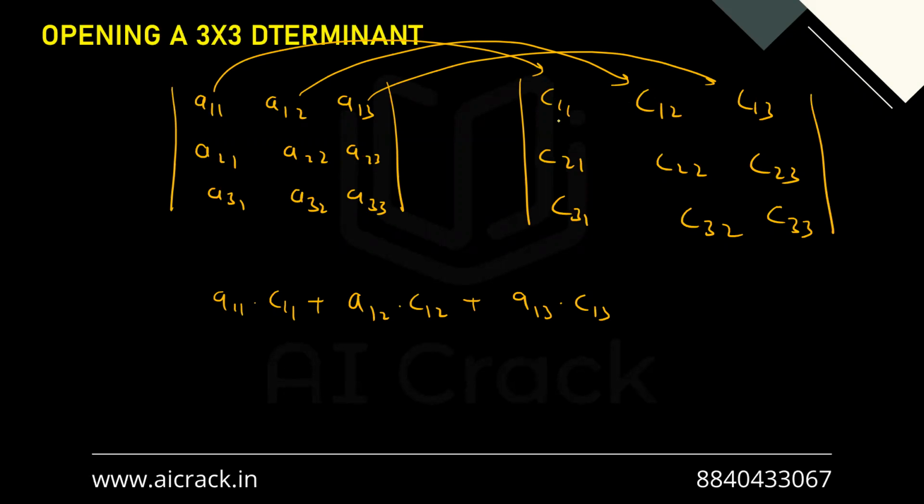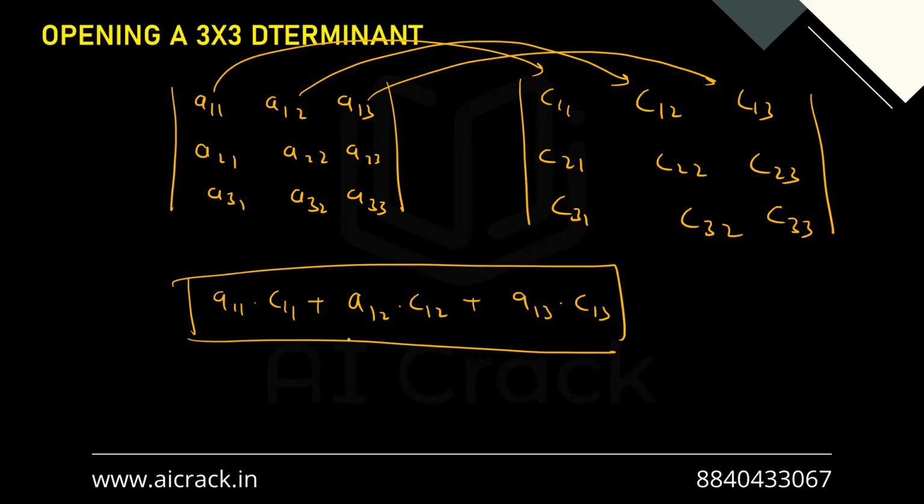And similarly, C12 is, hiding this row and column, A21 dot A33 minus A31 dot A23, right? So we have written our traditional formula in this format: A11.C11 plus A12.C12 plus A13.C13.